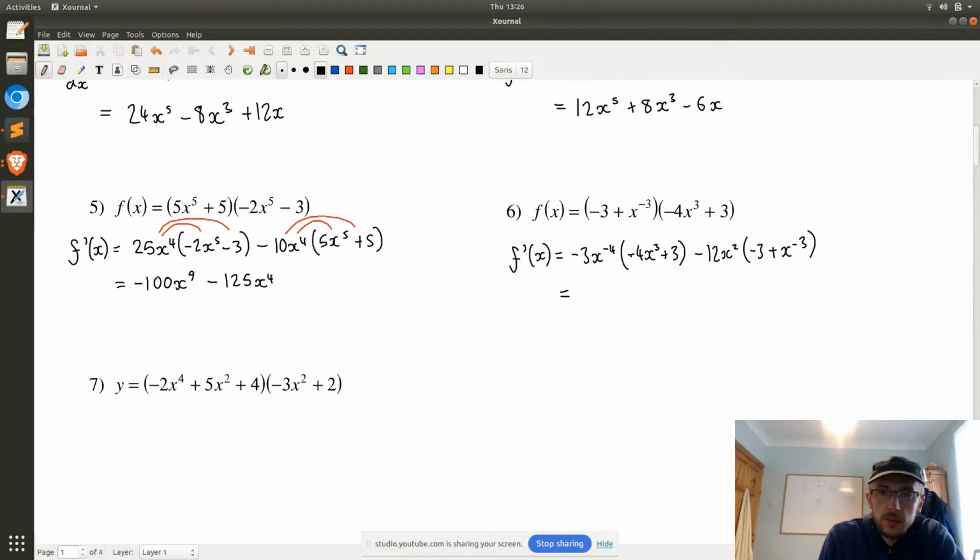So 12x to the minus 1 minus 9x to the minus 4 plus 36x squared minus 12x to the minus 1. And now, because I like to put it in descending powers of x, I'm going to have 36x squared.